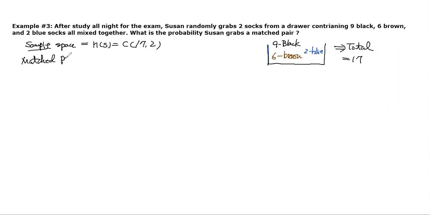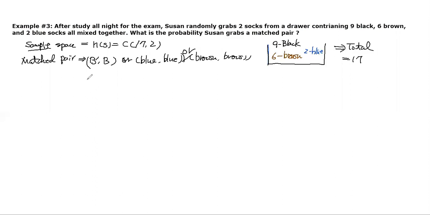So let's think about what a matching pair is. That means I could get black and black, or I can get blue and blue, or I can get brown and brown, right? Let's take a look at black, black.